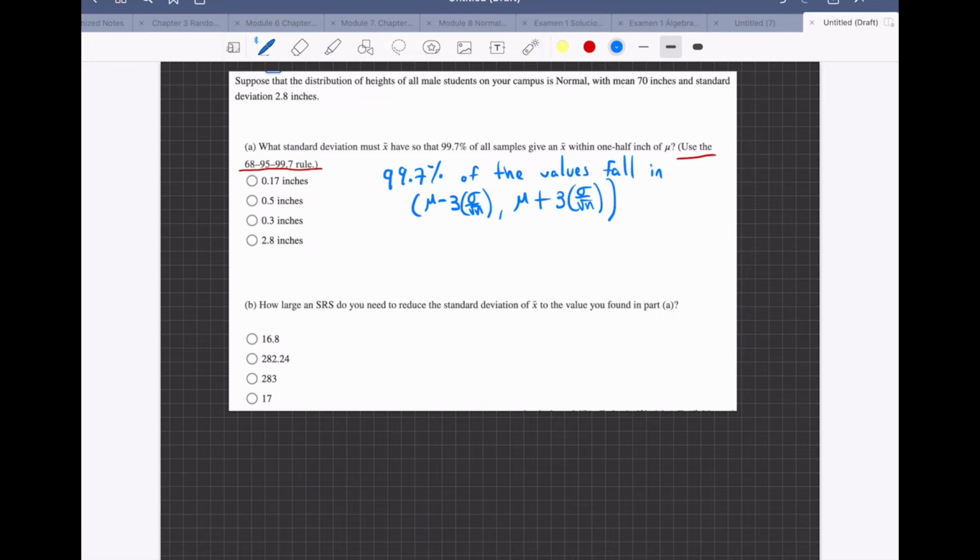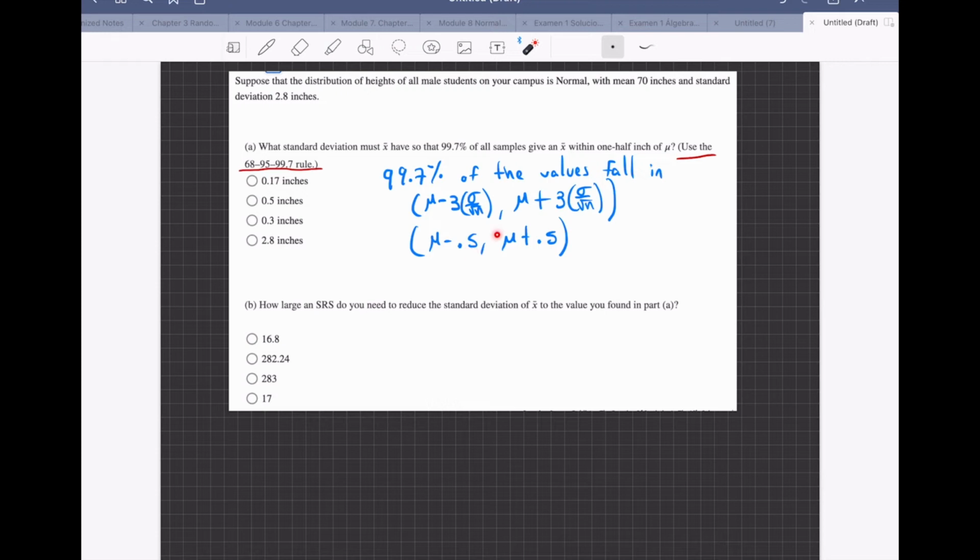But this, it says, has to be within 1/2 inch of mu. So we need to have an interval that is mu minus 0.5, comma, mu plus 0.5. Subtract and add.